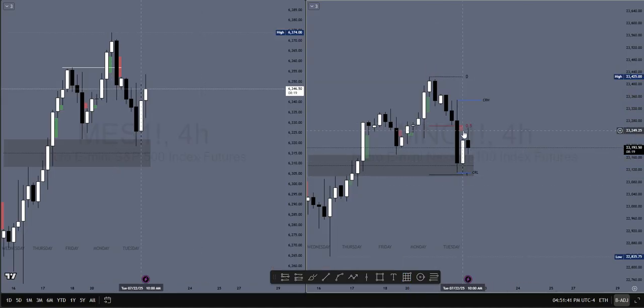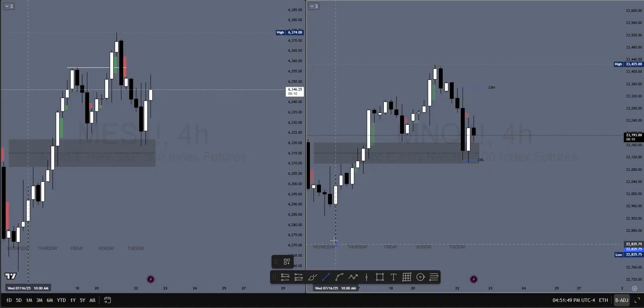What do we see here? We have a PD array aligned with our equilibrium. Since our key level was hit, and let's say we didn't even have a PD array, and this was our key level, you'd mark this out as key level, and I'd have to see how the market plays out.